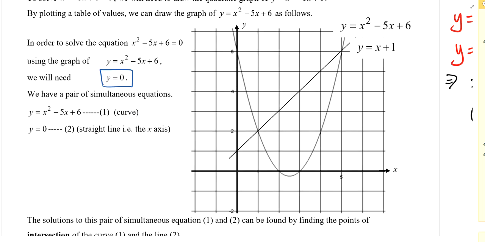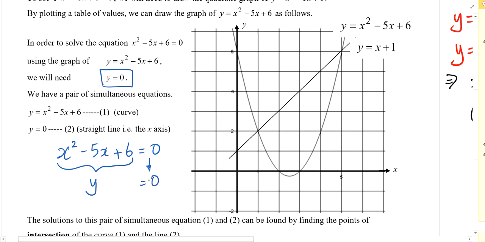If you remember the presentation from the earlier question, it goes something like this: x squared minus 5x plus 6 equals 0, and we draw a bracket. We say that this is y. We already have this graph. Then we just need to copy down equals 0, whatever is on the right hand side. In this case, it is equal to 0. So we just need to draw y equals 0. The intersection points will be our solution.